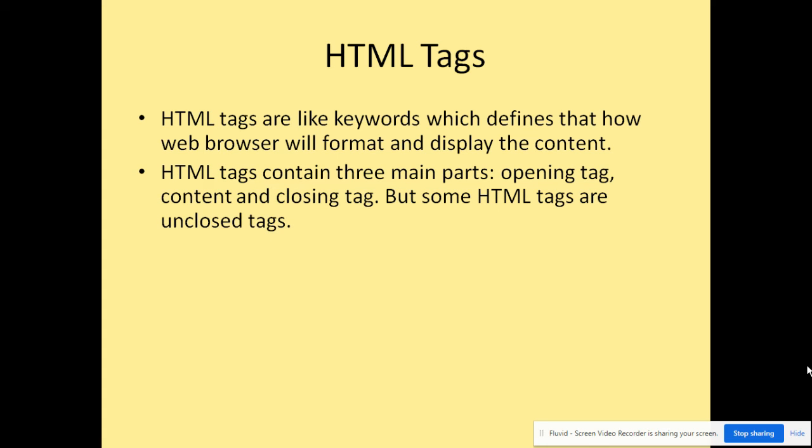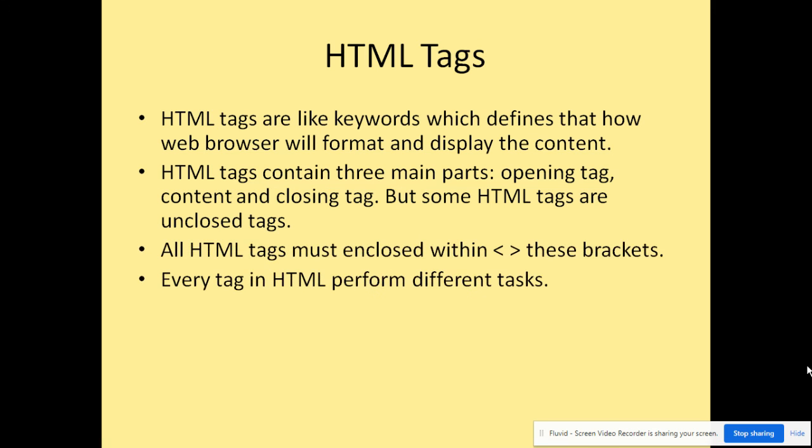An HTML tag contains three main parts: the opening tag, content, and closing tag. But some tags are unclosed tags. Majorly, 90% of tags you must close, but some tags, called unclosed tags, need no closing.